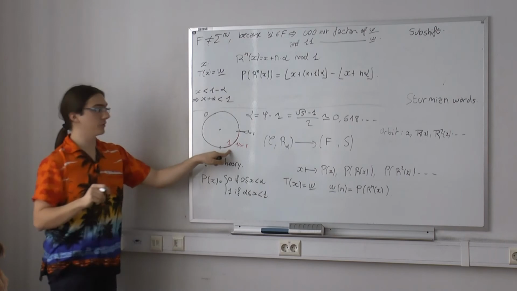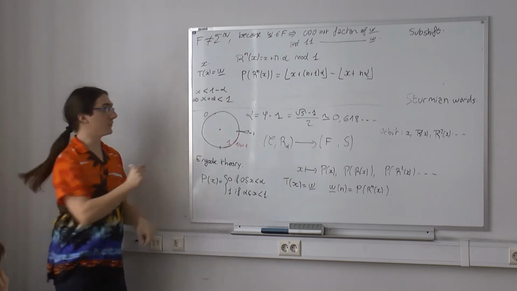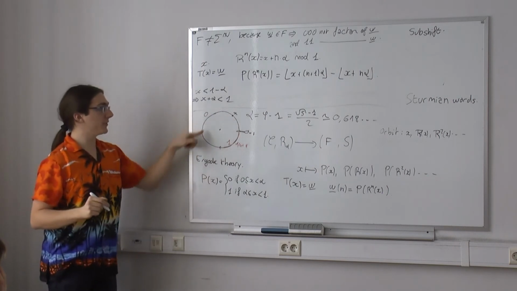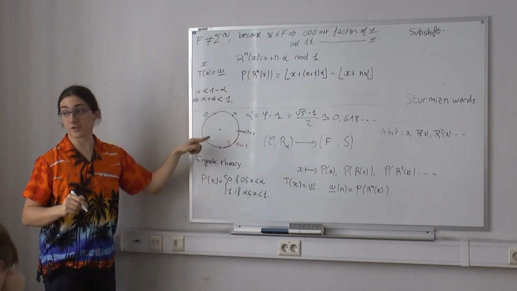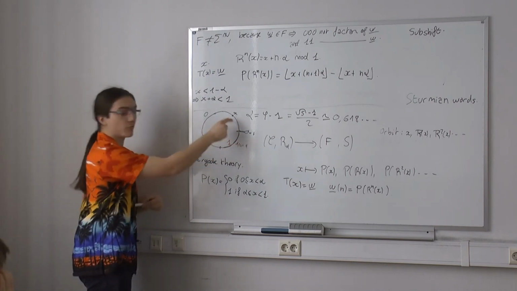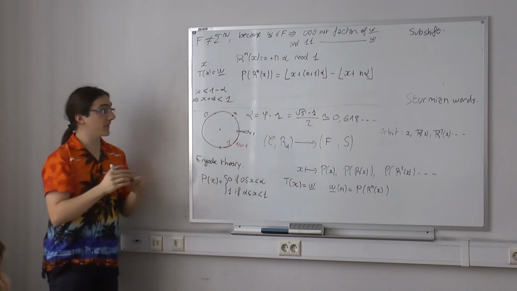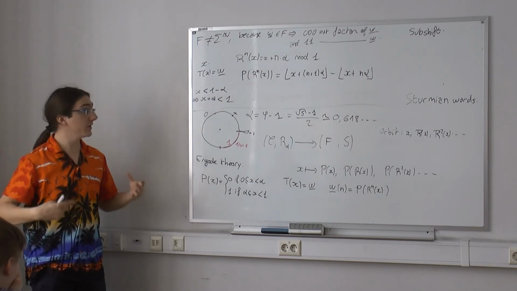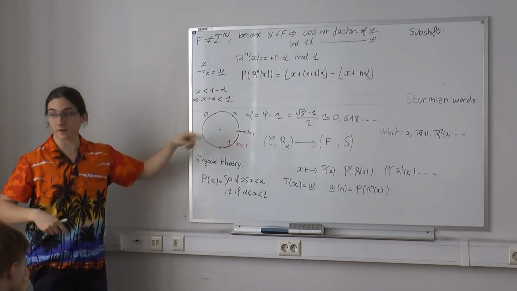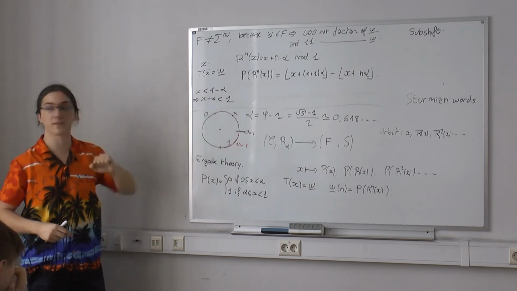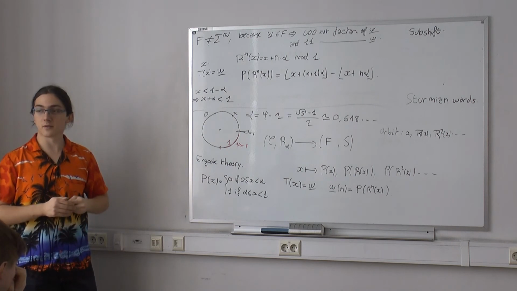If you take a rotation with an irrational angle and you take a starting point x, then a Sturmian word is going to be the coding of the rotation, exactly like we've been doing: 0, 0, 1, 0. It's an if and only if. A word is Sturmian if and only if there exists an x and there exists a rotation such that it can be written like this.